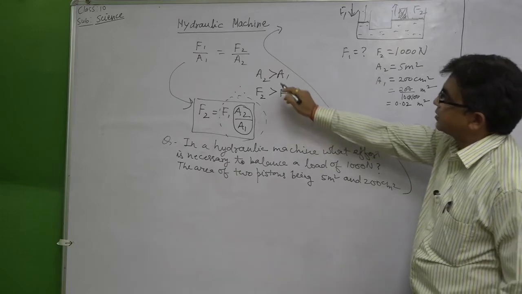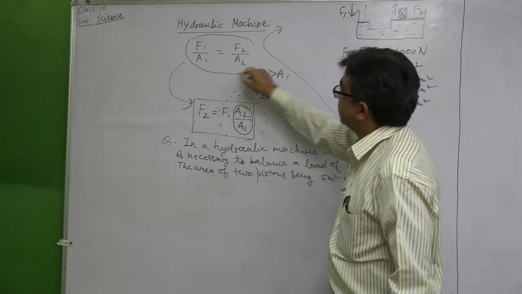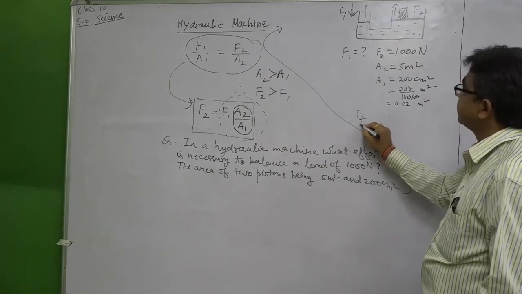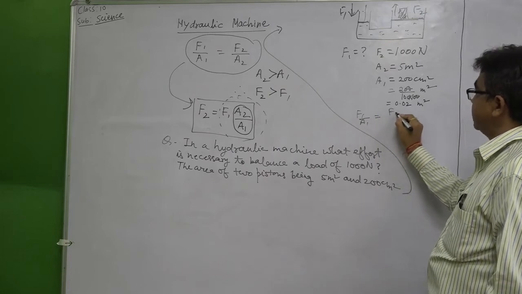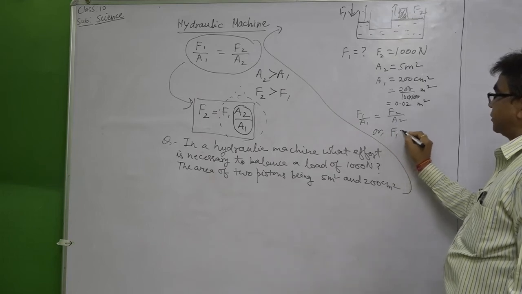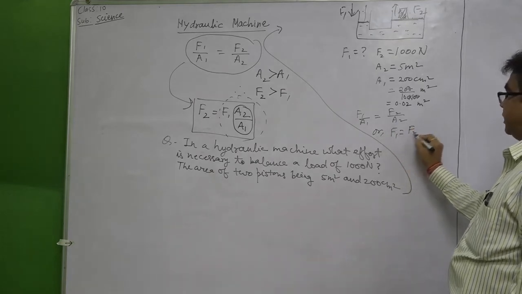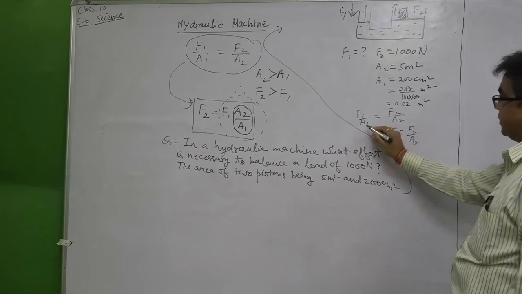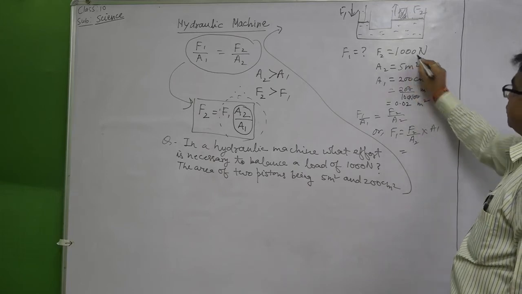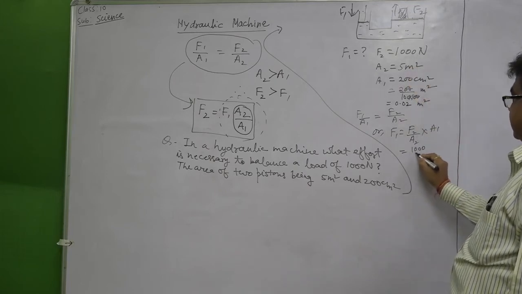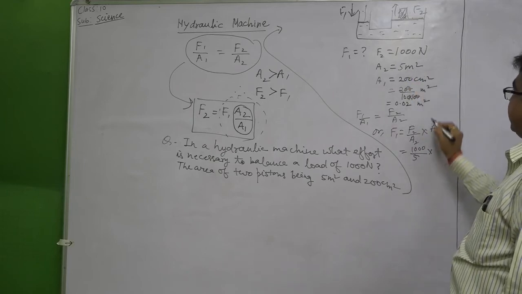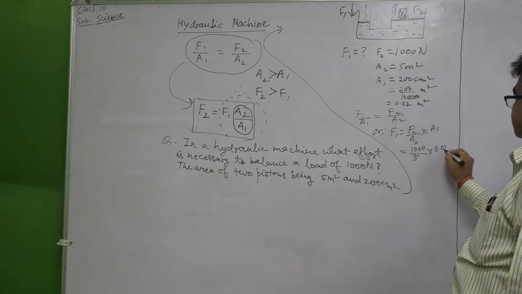Now you can use this formula: F1 upon A1 equals F2 upon A2, or F1 equals F2 upon A2 into A1. F2 is 1000, A2 is 5, and A1 is 0.02.